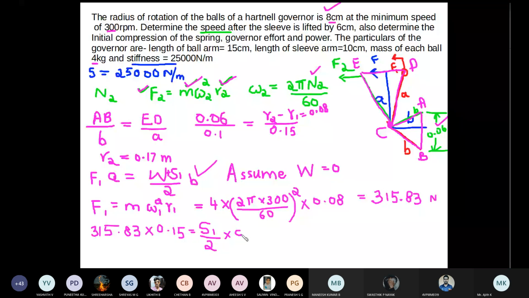Therefore, you will get the value of S1 as 947.49 Newton. This will be the value of S1.